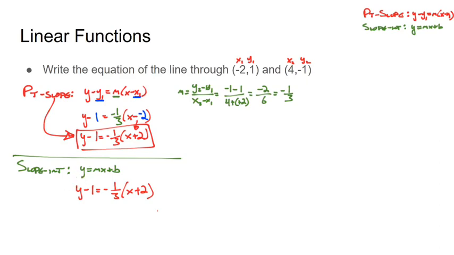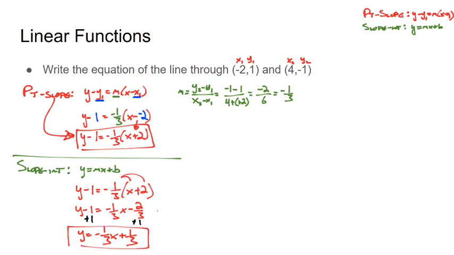So I'm going to distribute, and I have y minus 1 equals negative 1/3 x, because negative 1/3 times x is negative 1/3 x. And then negative 1/3 times 2 is negative 2/3. Our last step would just be to isolate the y by adding 1 to each side. If I have negative 2/3 and I add 3/3, I'm going to end up with a positive 1/3.